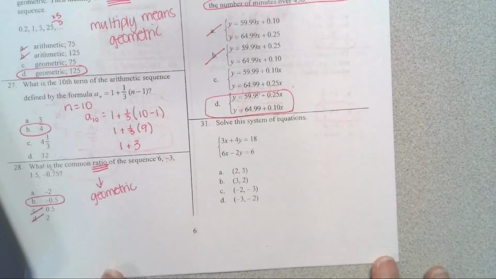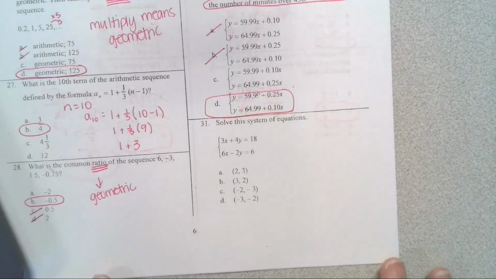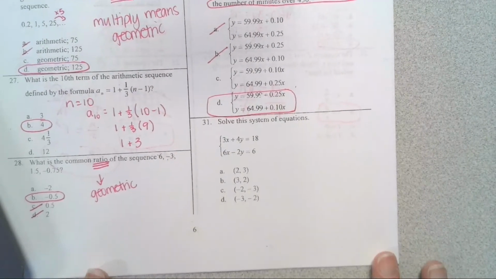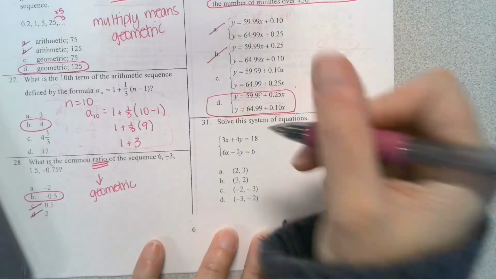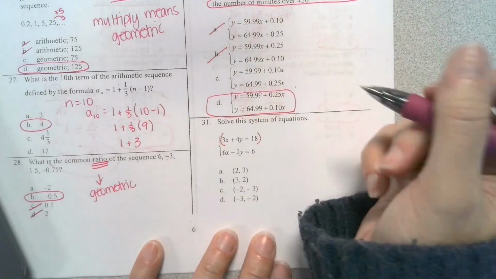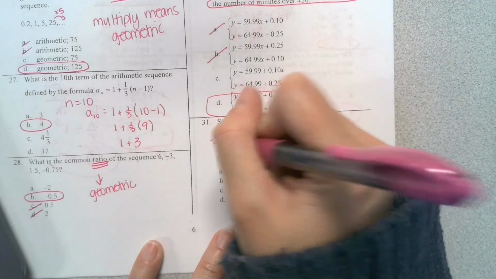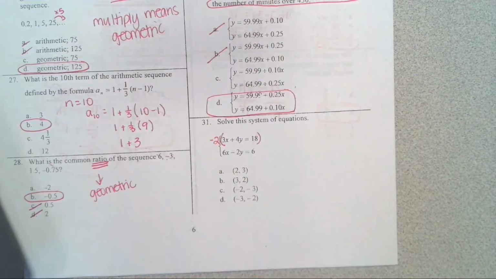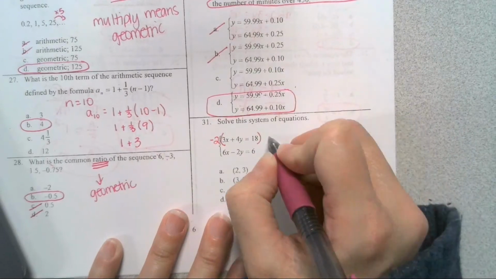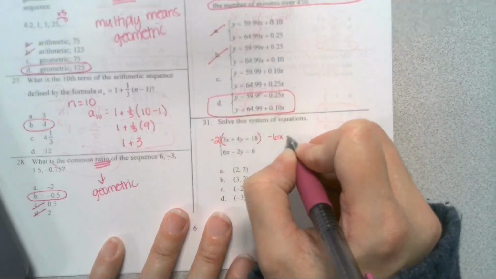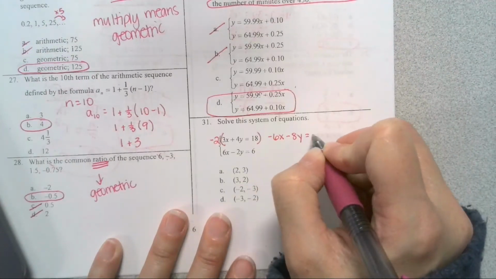31. Solve the system of equations. You want to eliminate X or Y? Let's eliminate Y. I already started doing X. So I have negative 6x minus 8y equals negative 36.